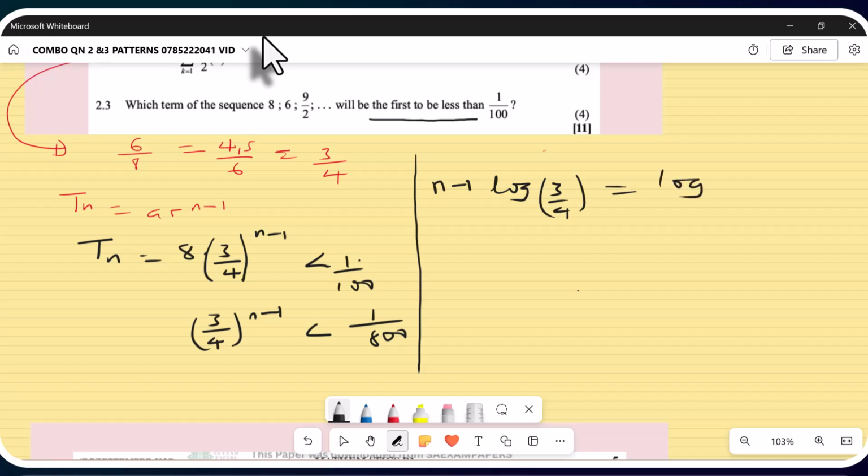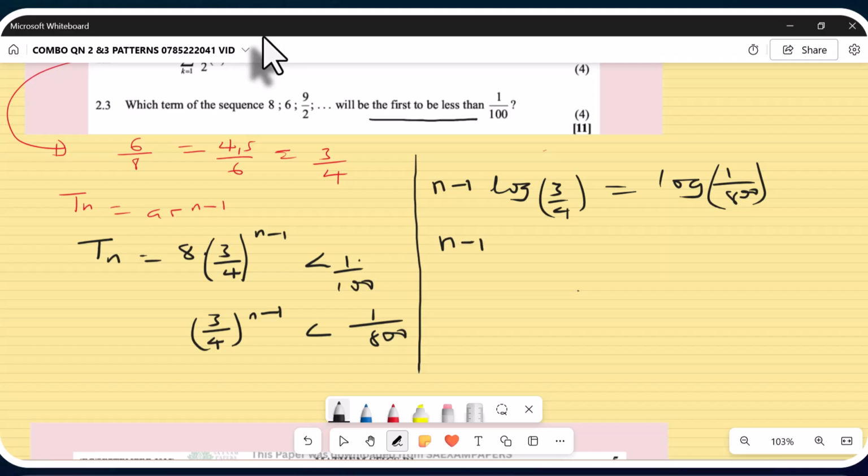Now in this particular case, I'm looking for my n, so I'm going to divide by this, ultimately leaving n minus 1. Don't forget it is less than.